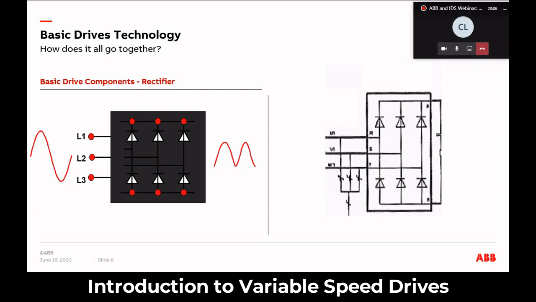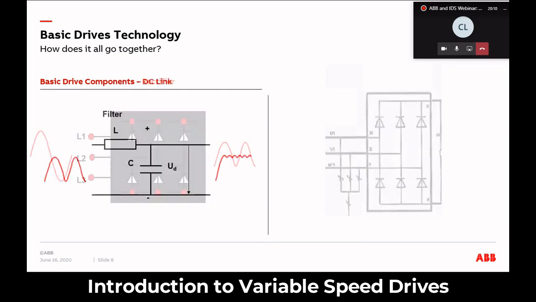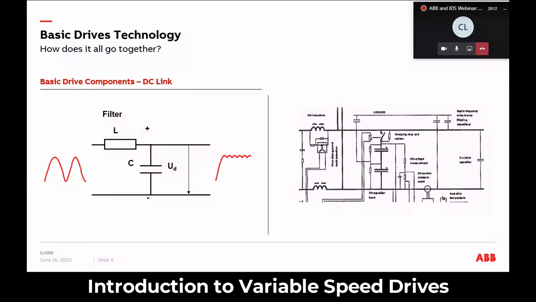But obviously, to smooth that AC signal to represent more of a DC signal, we need some form of what we call a DC link, and that can consist of capacitors or inductors with some form of resistance in there, at least anyway. Whether you have capacitors or inductors depends on the type of drive that you have.